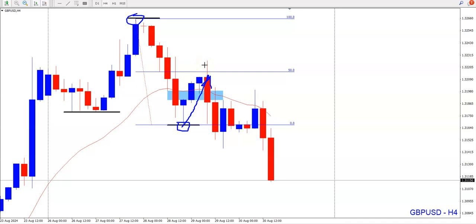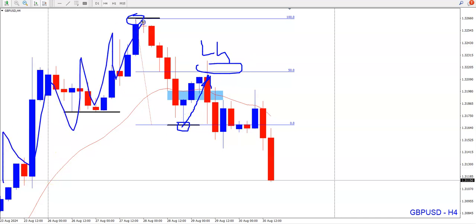And at that point of time, what we want to see to confirm this potential structure shift to the downside is of course a potential lower high. So if the 4-hour is pushing to the upside and we see a lower low, and therefore also extra confirmation, the fair value gap displacement, what we want to see is of course a potential reversal, which means we want to see a lower high.